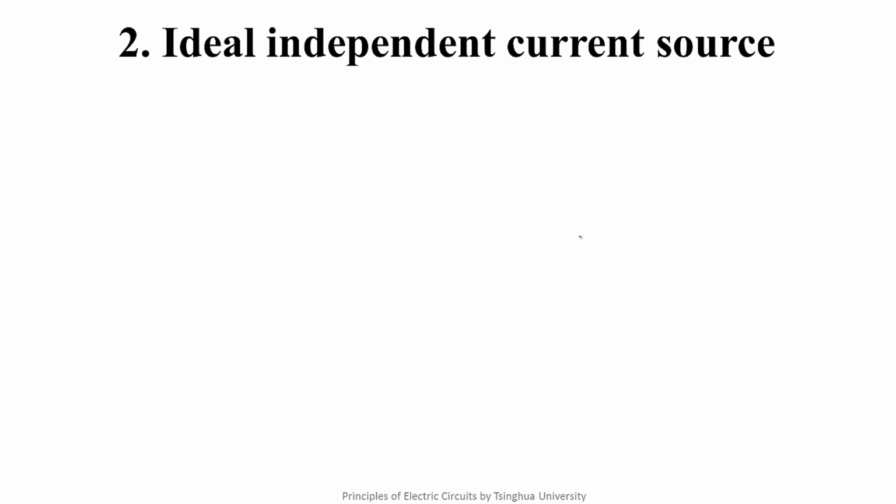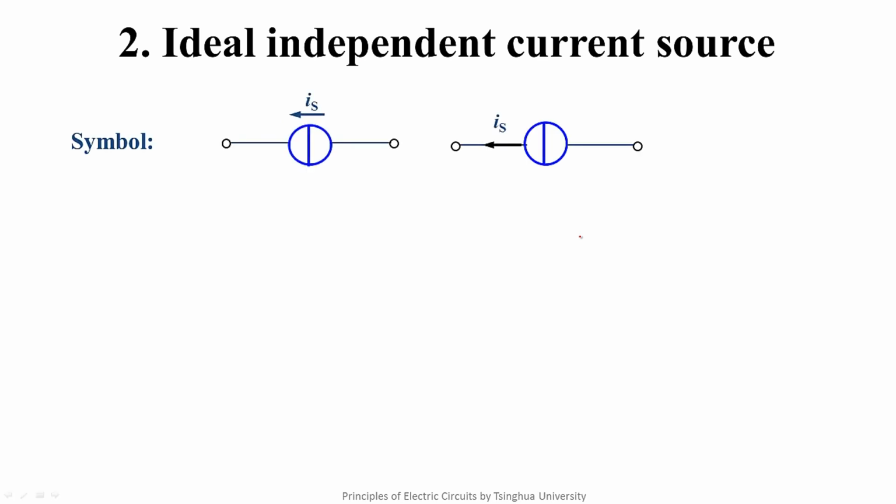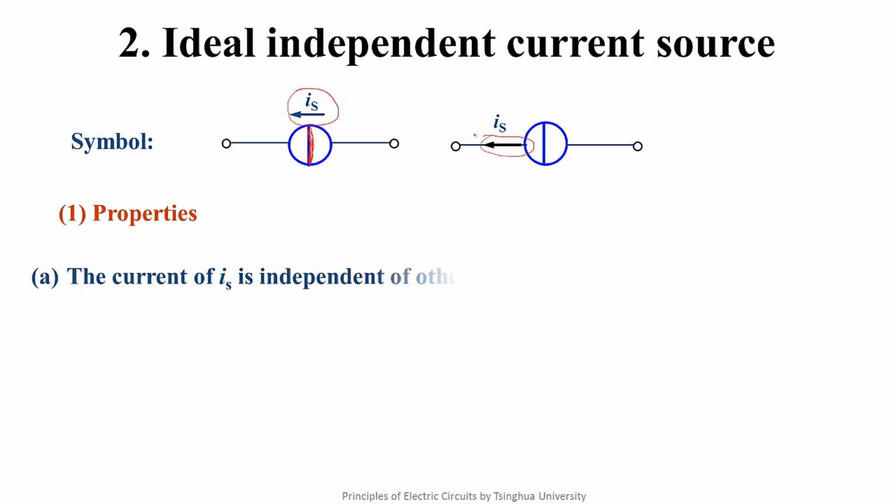Then let's discuss the ideal independent current source. You may not be familiar with this concept, so I will give you more details. Its circuit symbol is a circle with a vertical line in the middle. We can not only put the current symbol outside, but also draw the arrow of the current inside. It's the same. It has two features, symmetric with the voltage source.